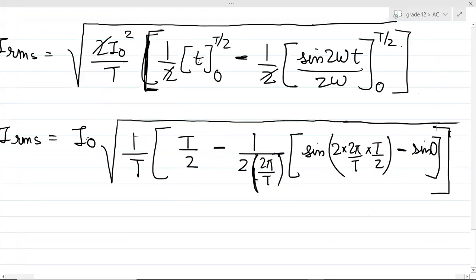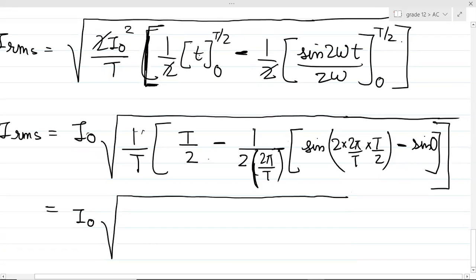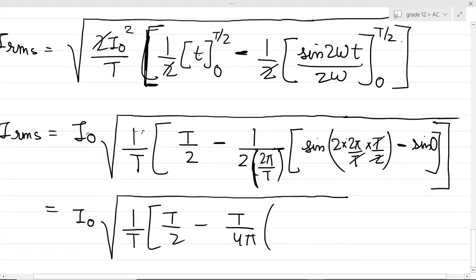So now this will become how much? I naught as it is, 1 by t into t by 2 minus this will become t upon 4 pi into... Now can you see t and t will get cancelled out, 2 and 2 will get cancelled out.